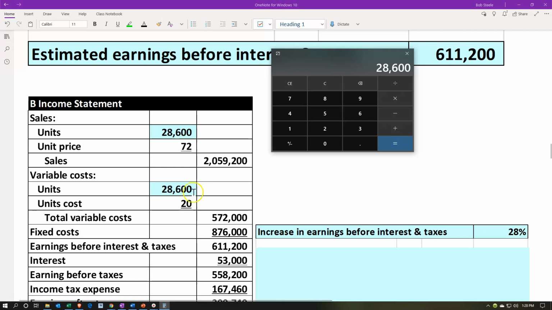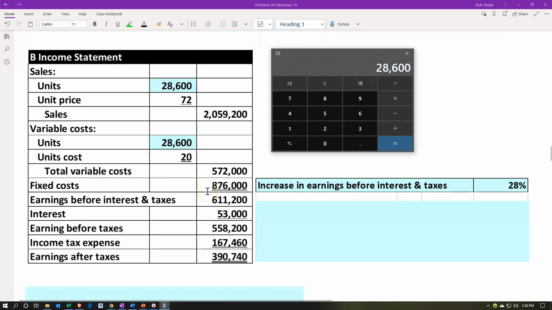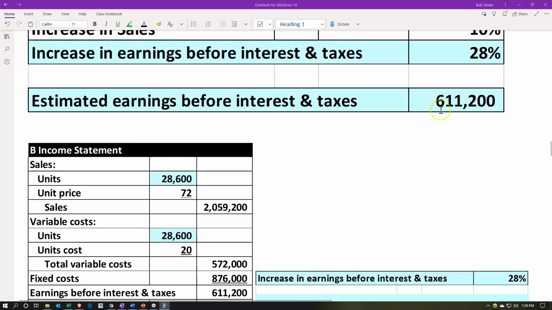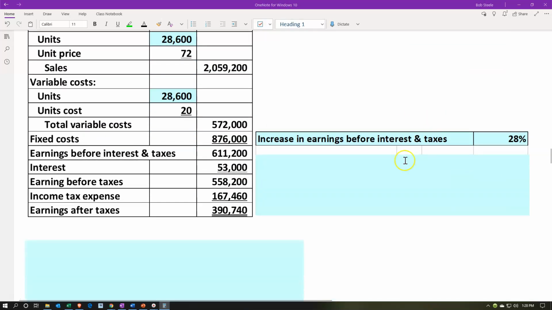We're going to take the 28.6 times the $20, which is different from our original scenario. Total variable cost, the 576,000, and then we have the fixed cost now at that 876. So now the earnings before taxes is going to be that 611,200, which is what we estimated here to be the 611,200.